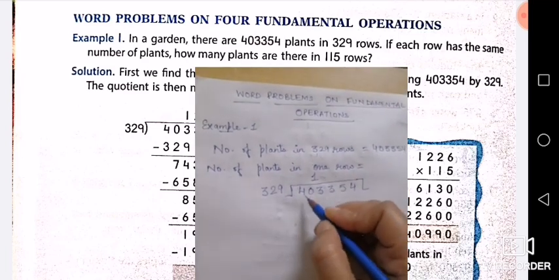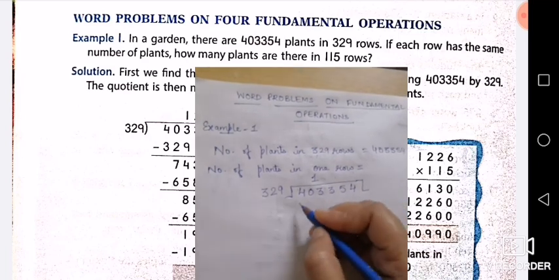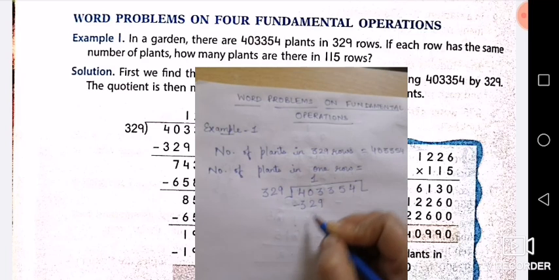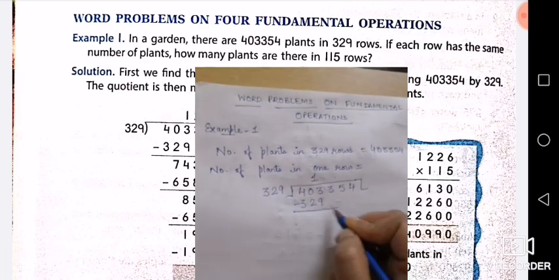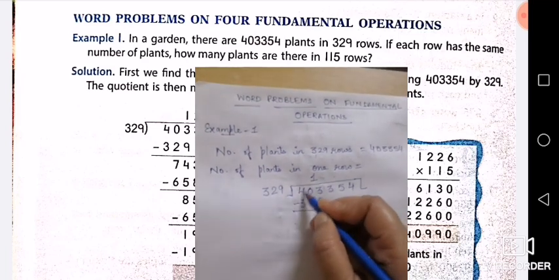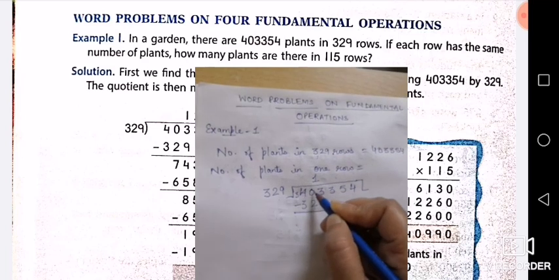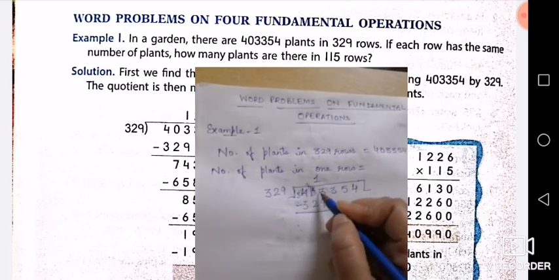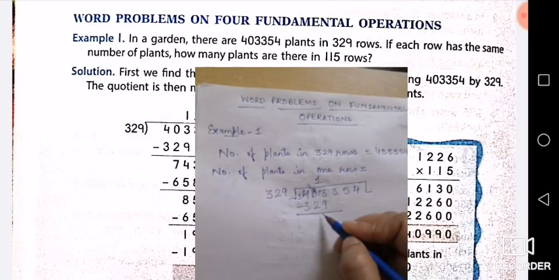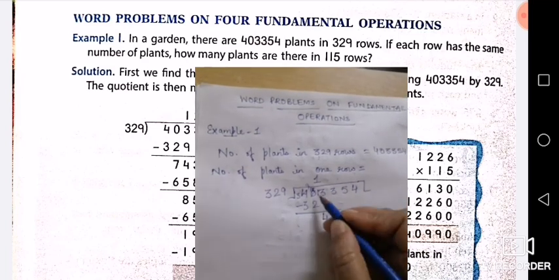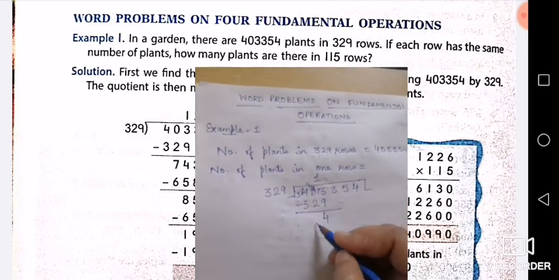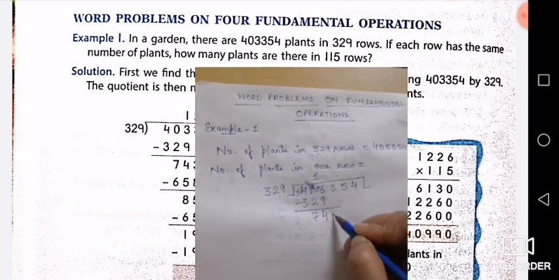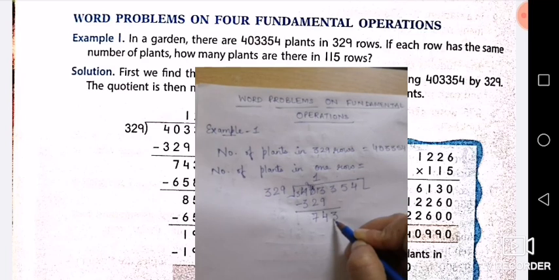One time it will go because 403 is greater than 329. Now, 329 will be subtracted from 403. Now, 4 will become 3, this will become 10, yes, 10 will become 9, this will become 13. Now, 13 minus 9, 4 you will get, and 9 minus 2, 7, yes. Now, what will get down? Next 3 will get down.